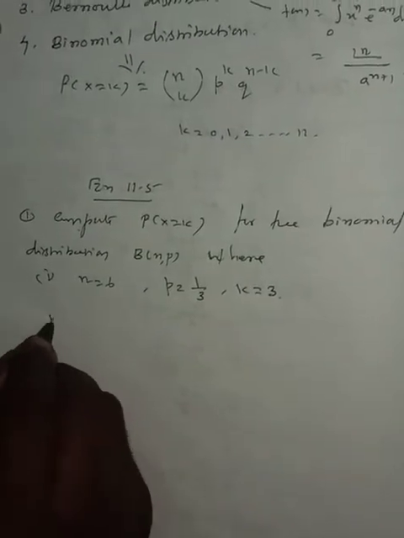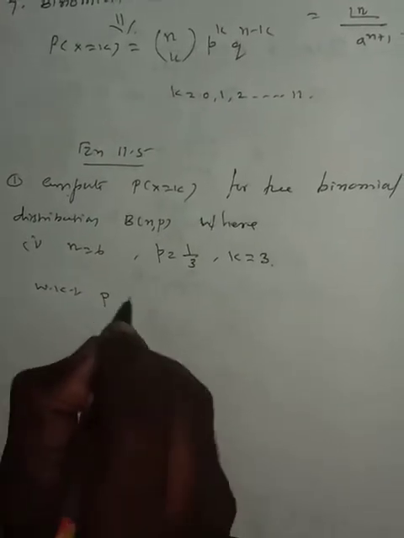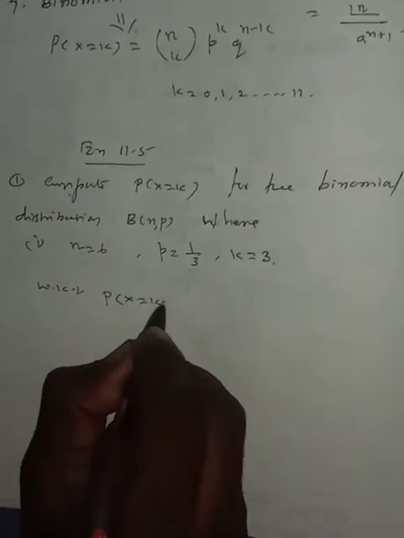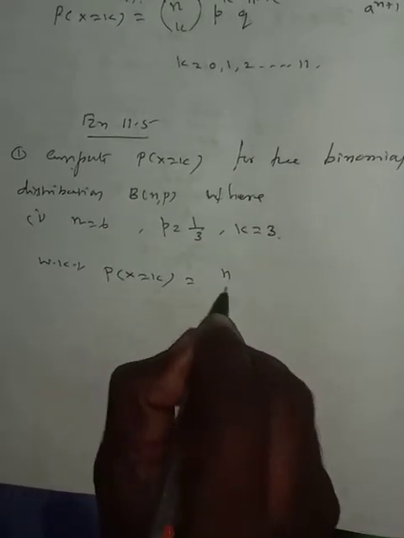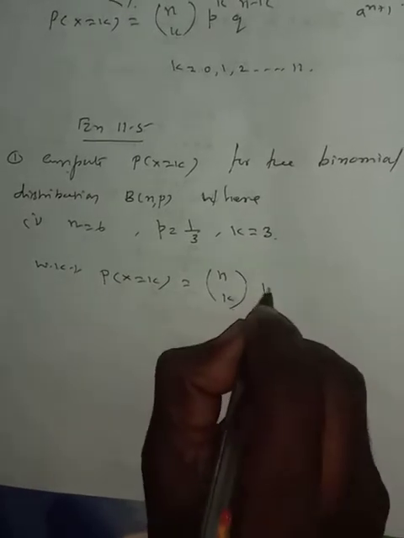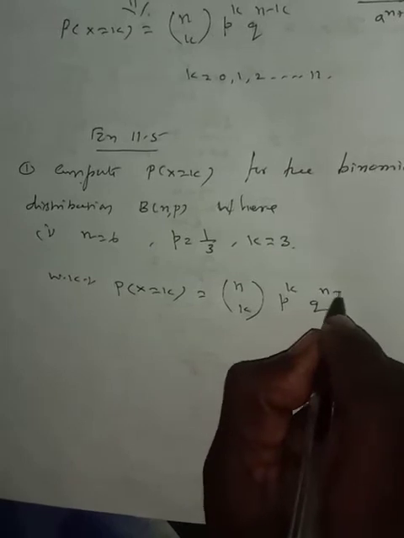We know that P of x equal to k is equal to n c k p to the power of k q to the power of n minus k.